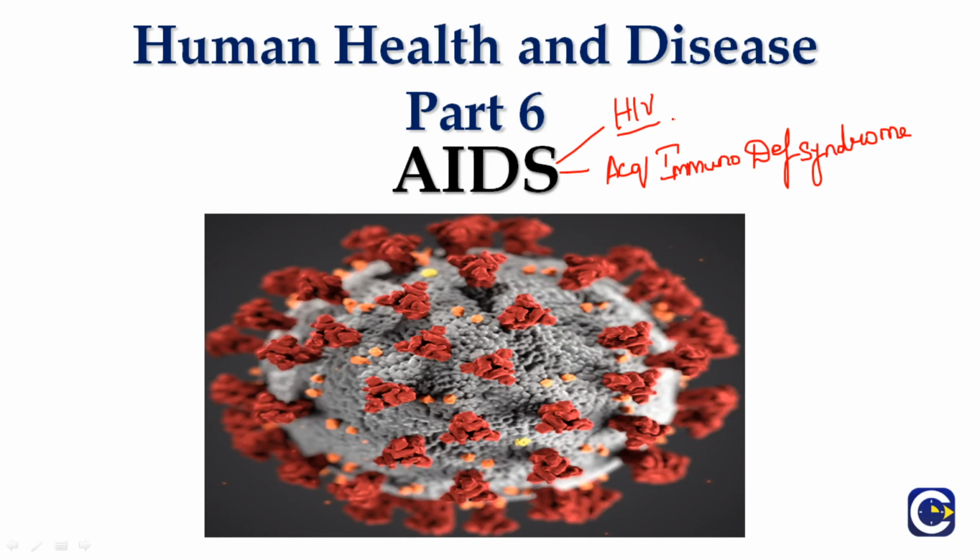Mostly when it comes to diagnostic questions, on diagnostic measures about the disease, you can expect at least one question from AIDS. This is a very easy and very common part. So please be sure about the diagnostic measures taken for AIDS, and the structure of HIV is also important.